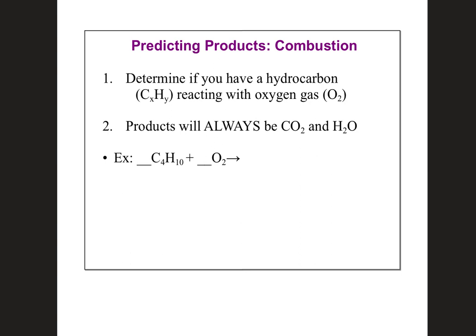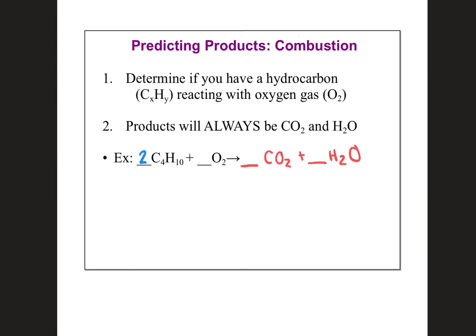So here's my favorite example. Some number of carbon stuck to some number of hydrogen, oxygen gas, O2. My products then are always CO2 plus H2O, or H2O plus CO2. The order does not matter. This one is a little trickier to balance, so I'm going to give you a hint. I'm going to put a 2 in front here, so that 2 cannot change.